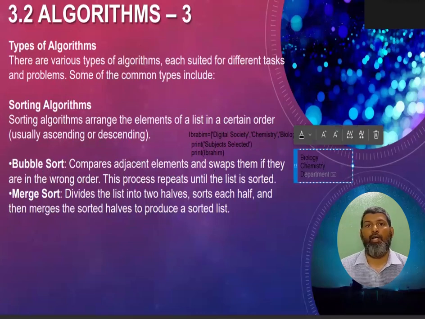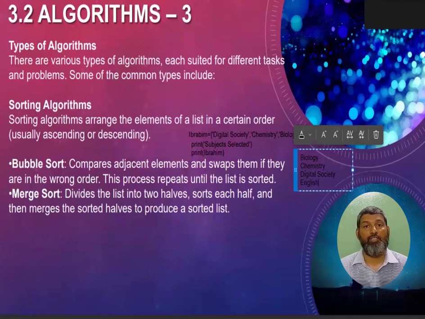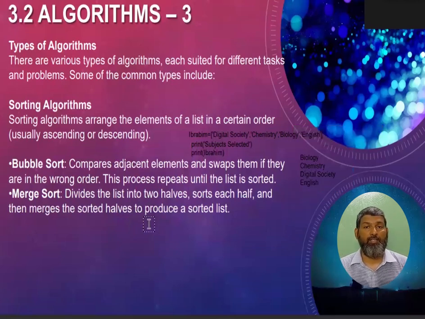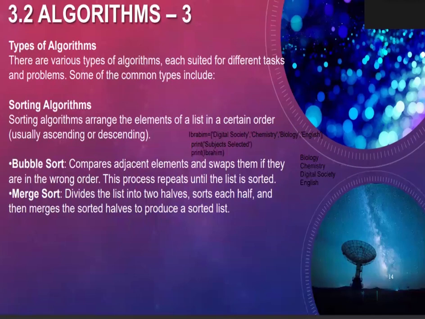B is lesser than C. When you apply bubble sort, the concept derives from this. Whatever value you find lesser than all the other values, you will bring that to the first position.